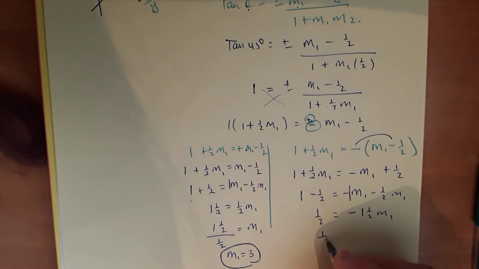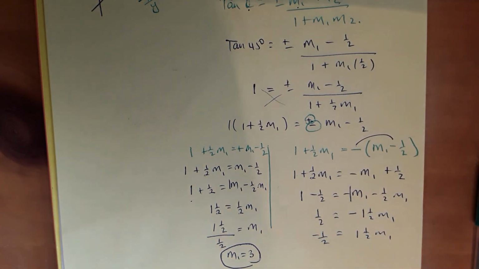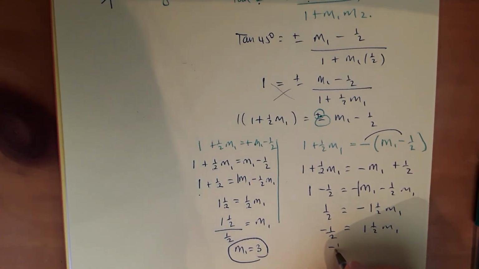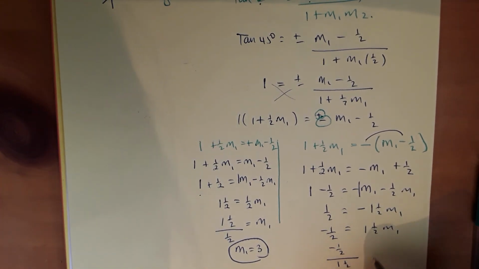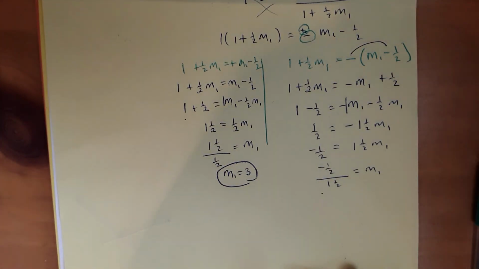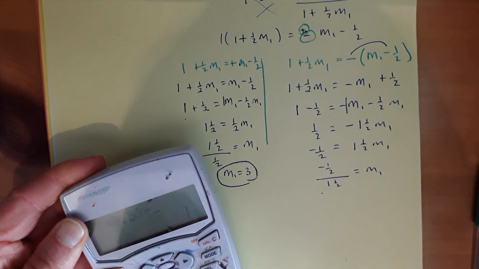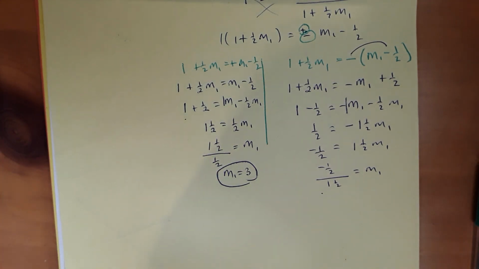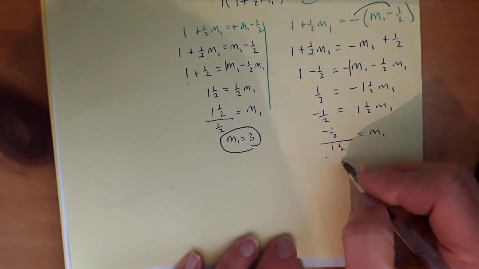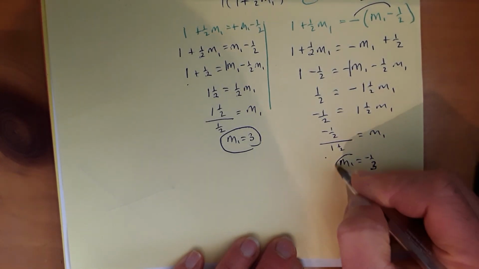So a half minus a half is minus 1 and a half m1. When I change all the signs, minus a half divided by 1 and a half is m1. And my answer is minus a third. So the second option would be minus a third.